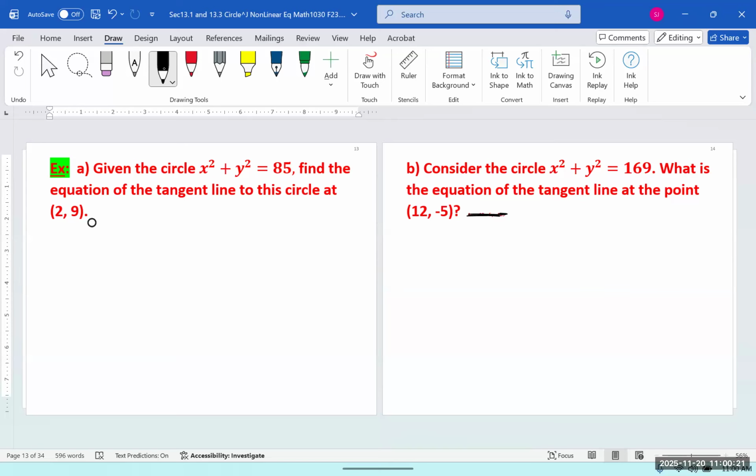Just put the 1 under. Wait, these are both negative. The other one's not, so you get 2.